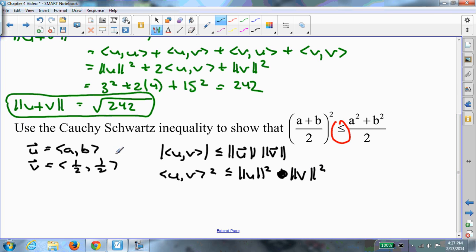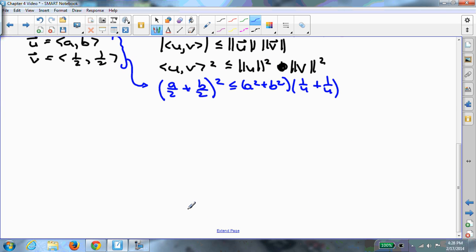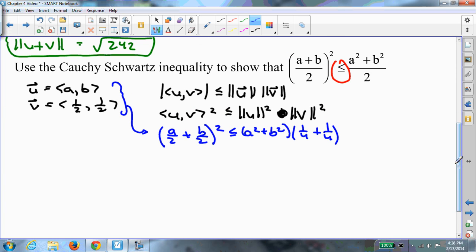But if I take these two vectors that I have here, u dot v is going to be a over 2 plus b over 2 squared, less than or equal to the magnitude of u squared, which is a squared plus b squared, and the magnitude of v squared, which is 1/4 plus 1/4. So, rewriting both sides, I get a plus b over 2 squared is less than or equal to a squared plus b squared over 2. And we're done.